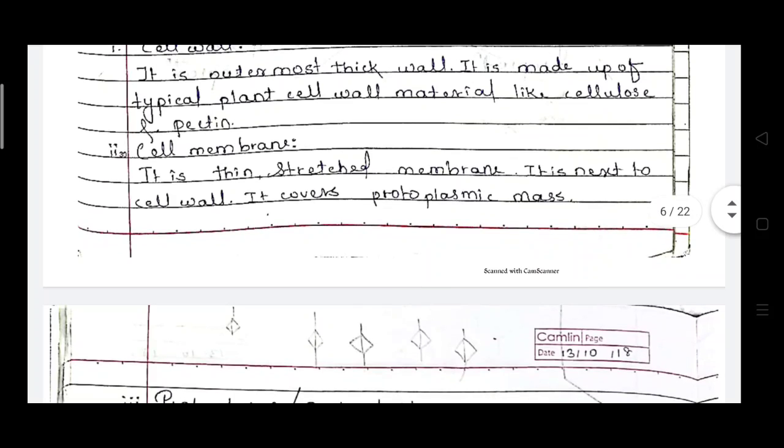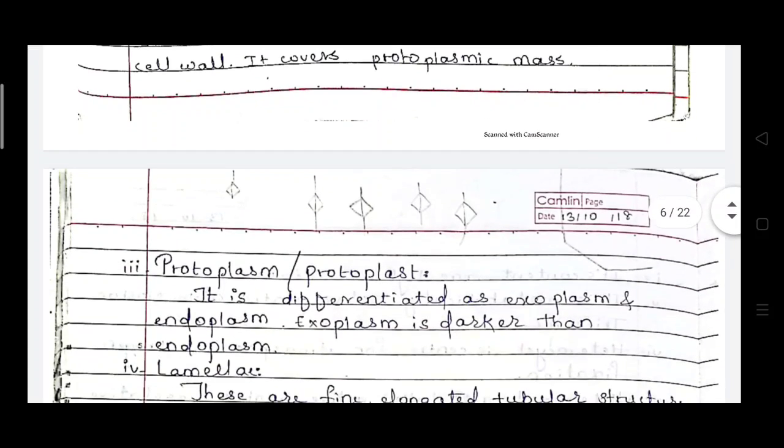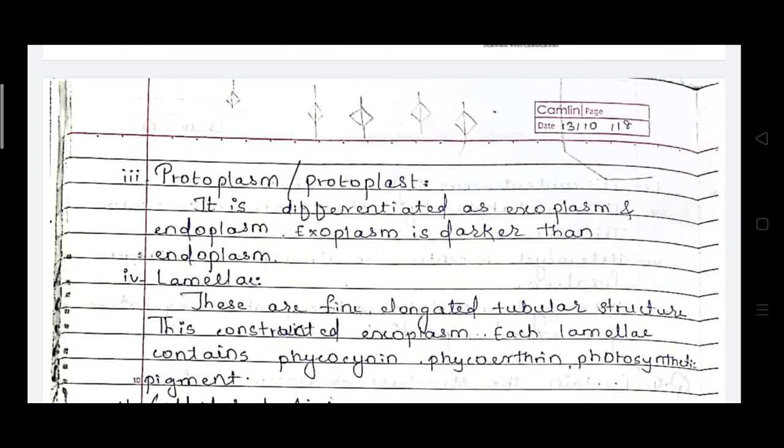The cell membrane is very thin and striated, and it covers the protoplasmic mass. The protoplasm is differentiated as exoplasm and endoplasm.